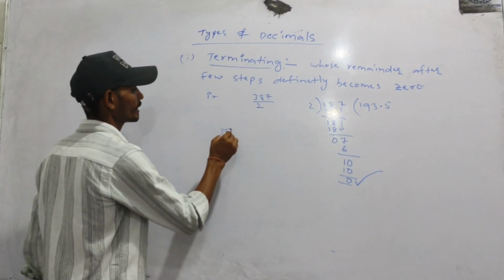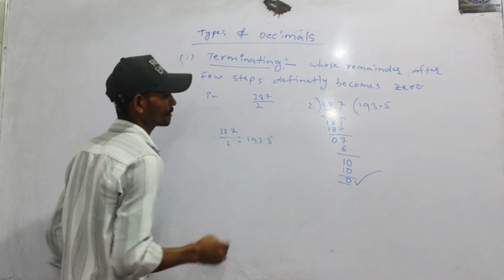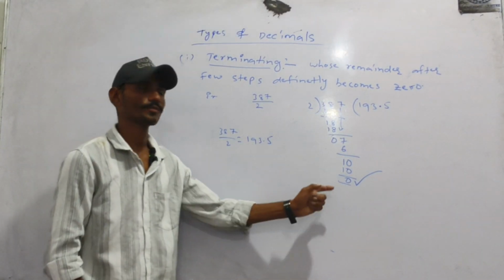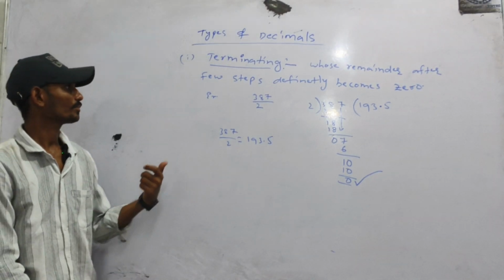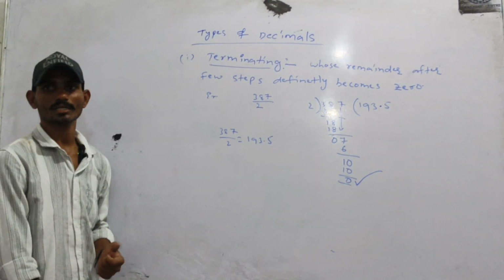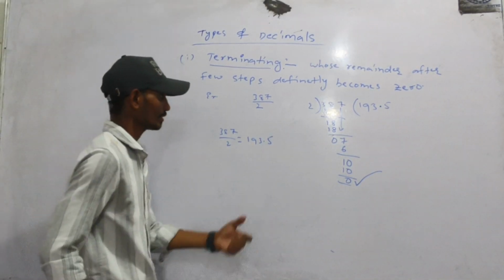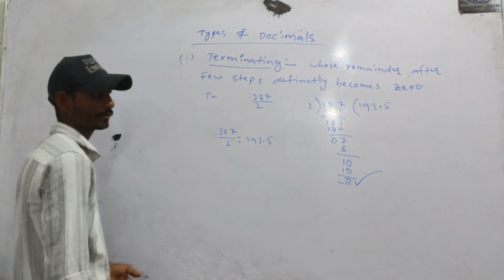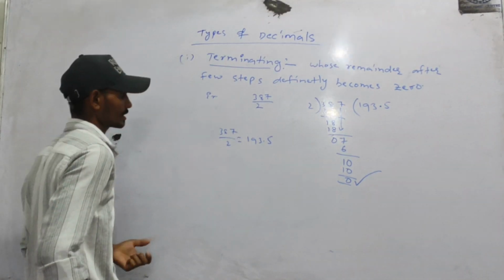So 387 by 2 is 193.5. The remainder definitely becomes 0 after a few steps. Those kinds of fractions are called terminating decimals, because they come out in decimal form. These are the types of decimals.